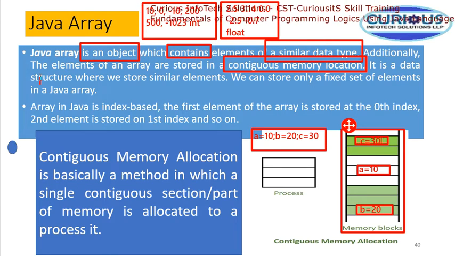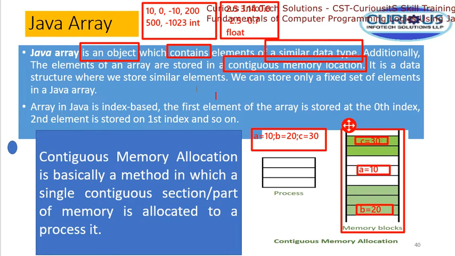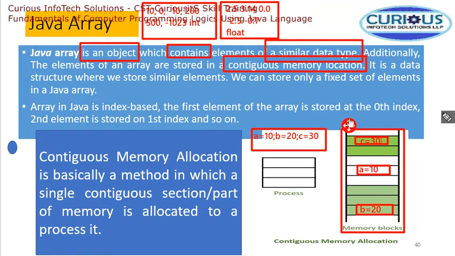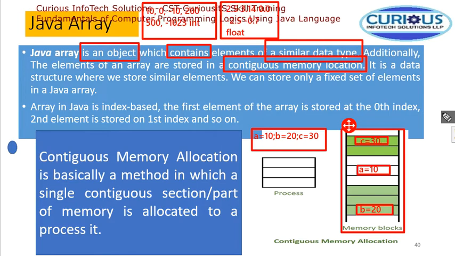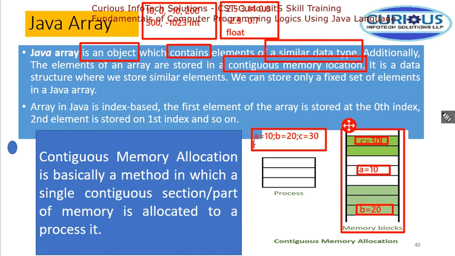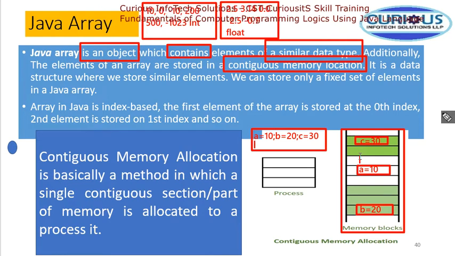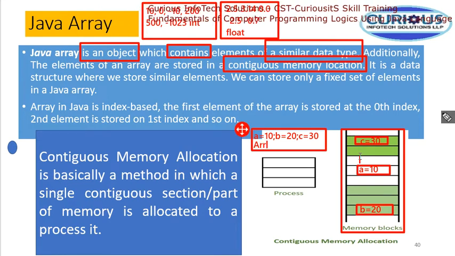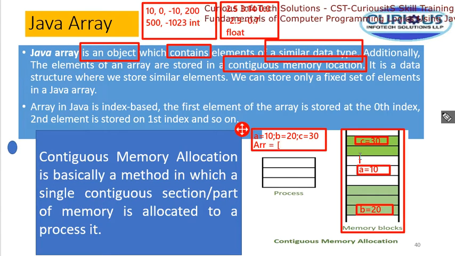But in an array it is not the case. In an array we basically require contiguous memory allocation. The sense of contiguous is this: let's say I have to store three values of an array. Let's say we have ARR, this is my array. In this array I have three numbers, 10, 20 and 30.